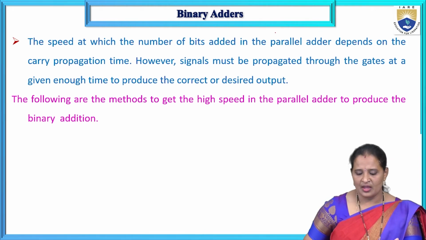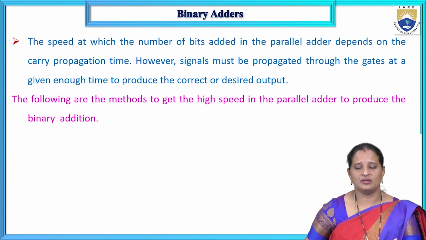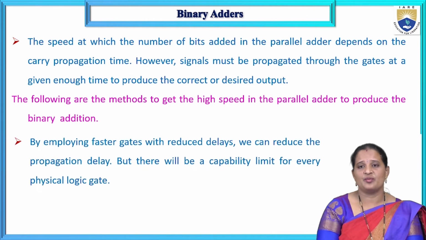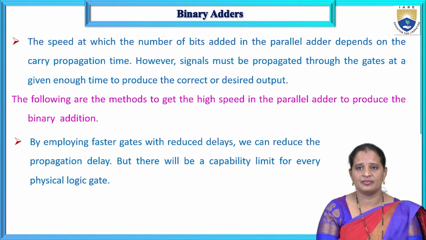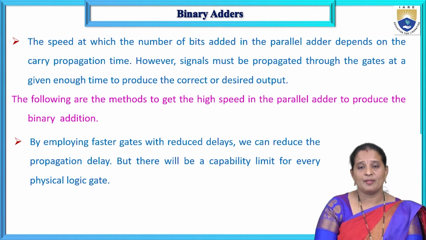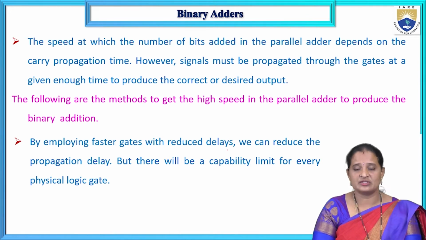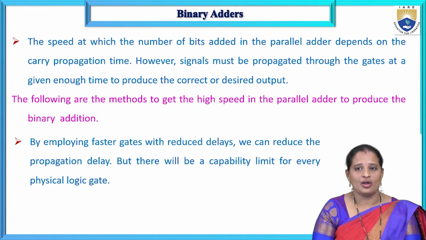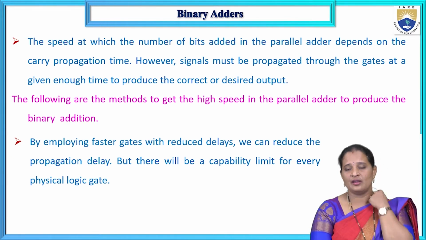By following some methods, we can get high speed in a parallel adder to produce the binary addition. That means by using some technology or mechanism, we can increase the speed of binary addition. What are the mechanisms here? By employing faster gates to reduce the delay, we can reduce the propagation delay, but there is a capability limit for every physical logic gate.